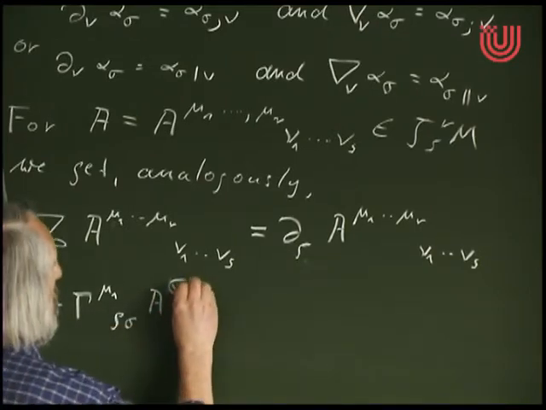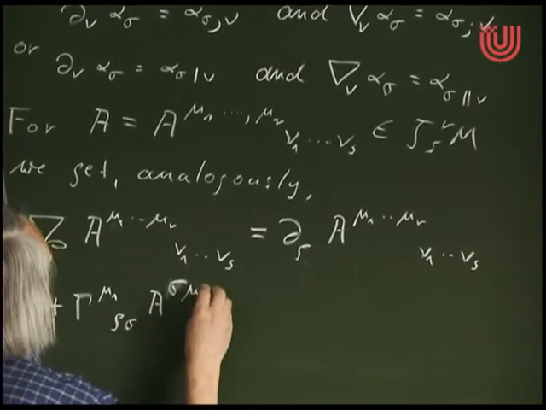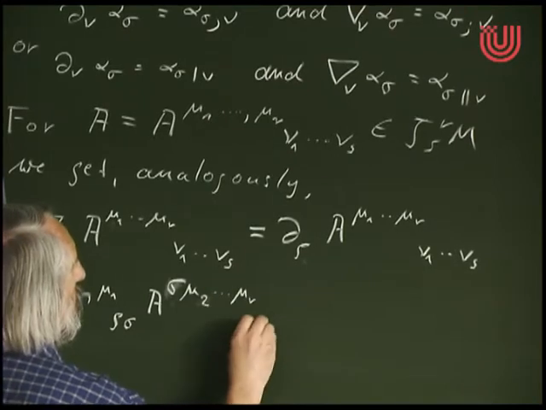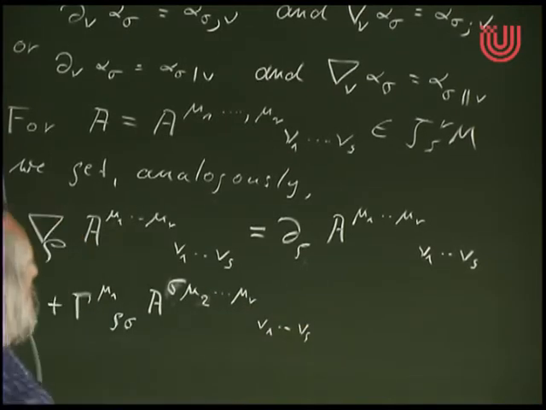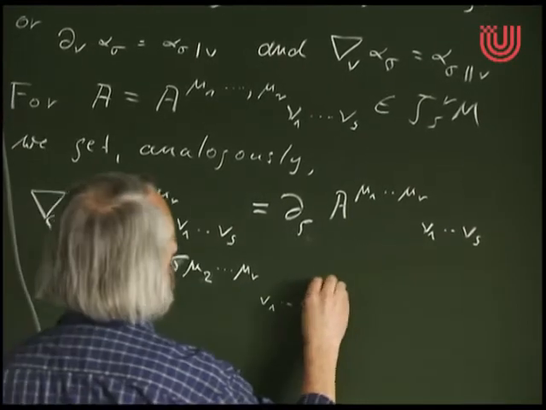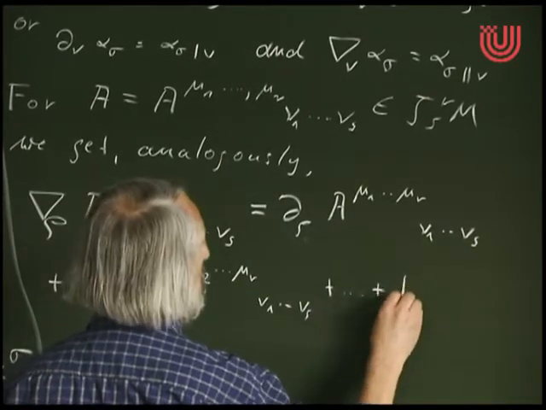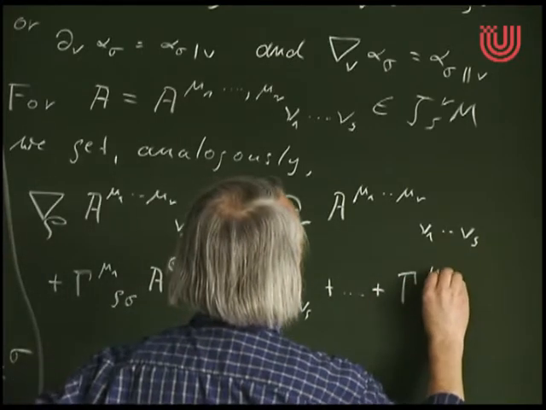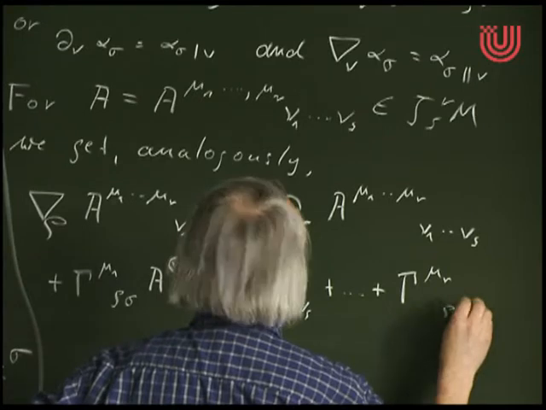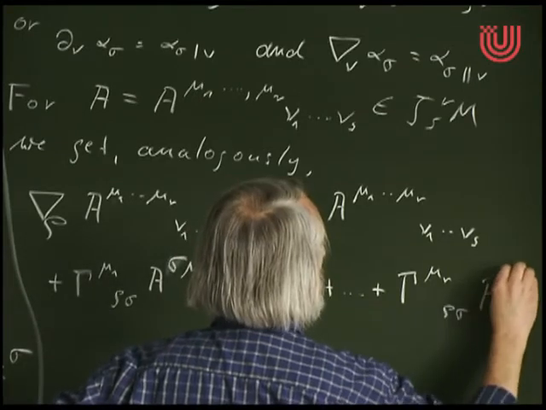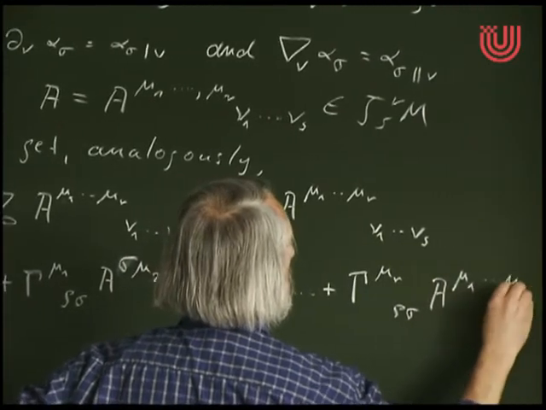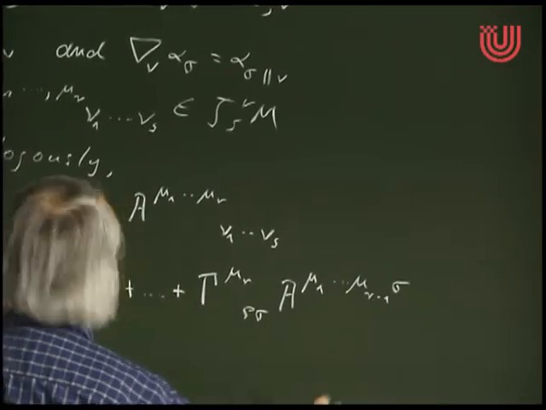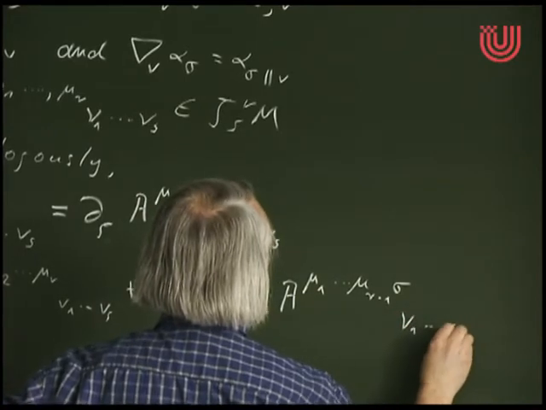So now on the A, we have the first index replaced by a summation index, and the remaining ones would be mu2 to mu r, nu1 to nu s. And I have to do this for each upper index. So the last one would be the one with a mu r, gamma^{mu r}_{rho sigma} A^{mu1 to mu r minus 1 sigma}_{nu1 to nu s}.